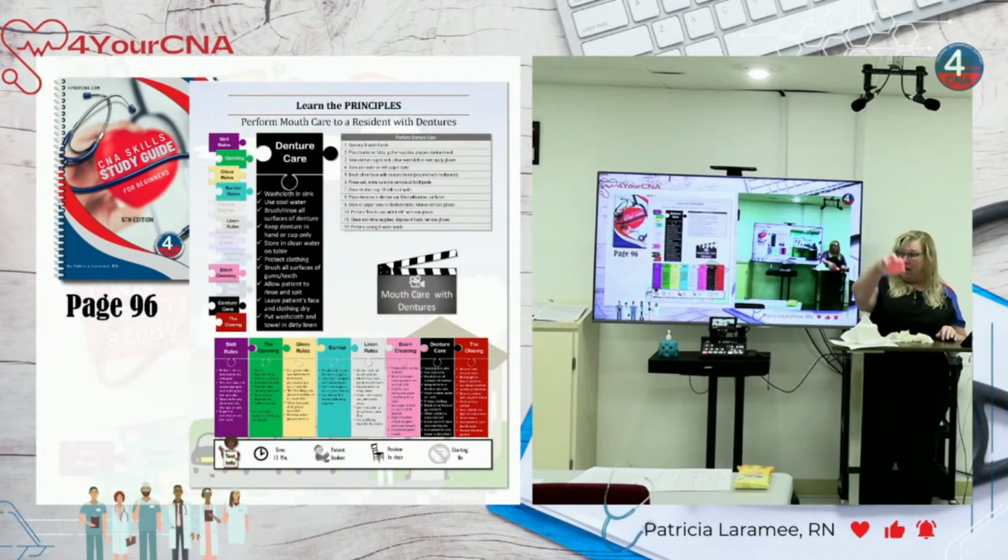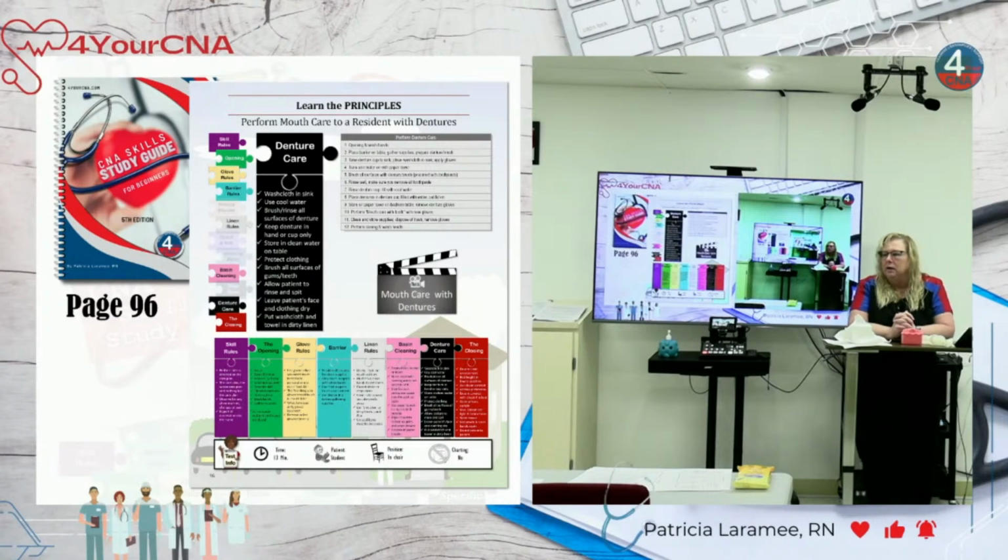You can touch the cup, but you don't want to touch the dentures without gloves. Now, something about dentures that a lot of people don't know is that CNAs do not take dentures out. CNAs do not put dentures in. If the patient can't do that themselves, they don't wear their dentures and we puree their food.